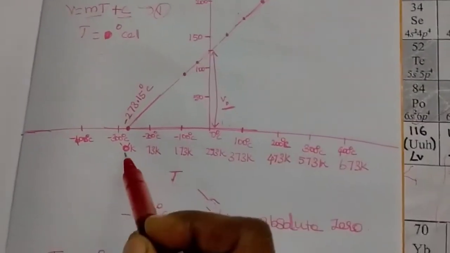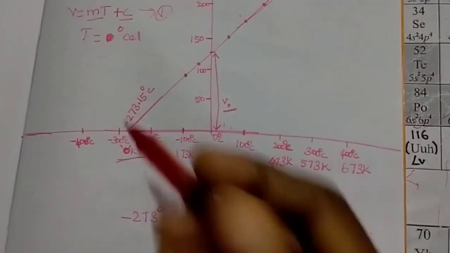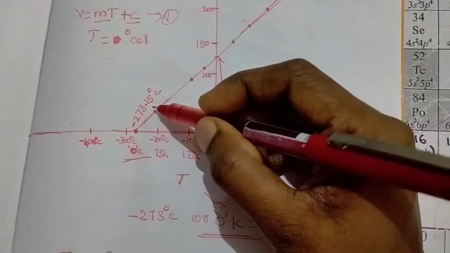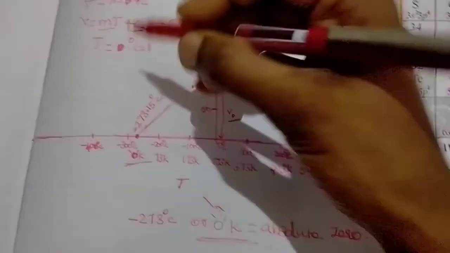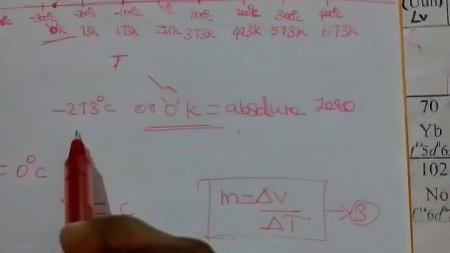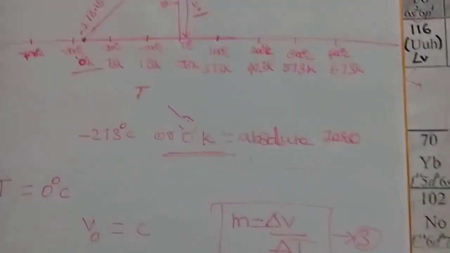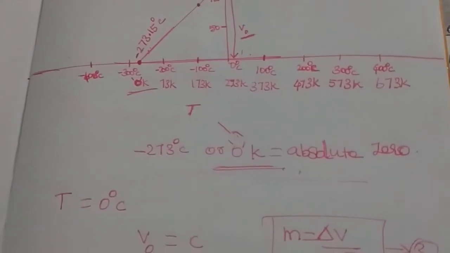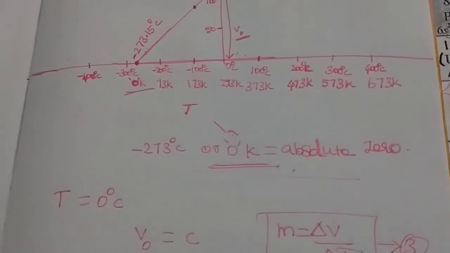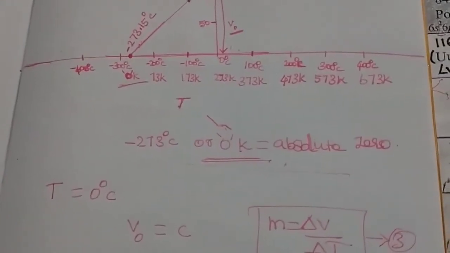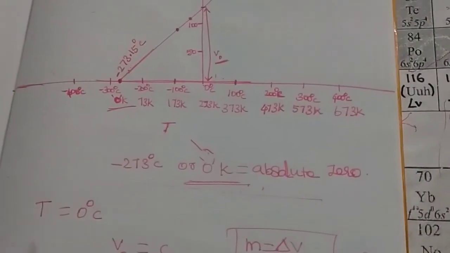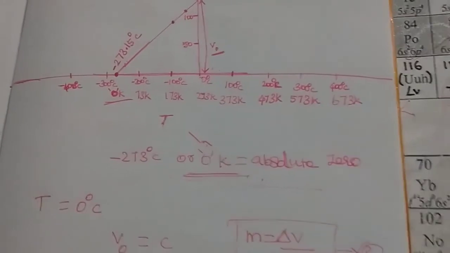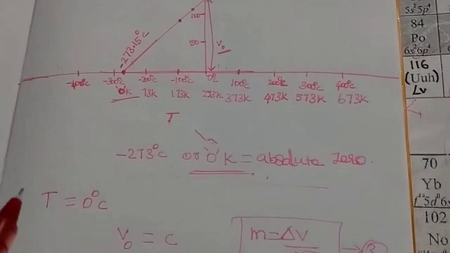He pointed out that 0 Kelvin, or minus 273.15 degrees Celsius, is called absolute zero. Physically 0 Kelvin is not possible, but by theory we call that temperature absolute zero.